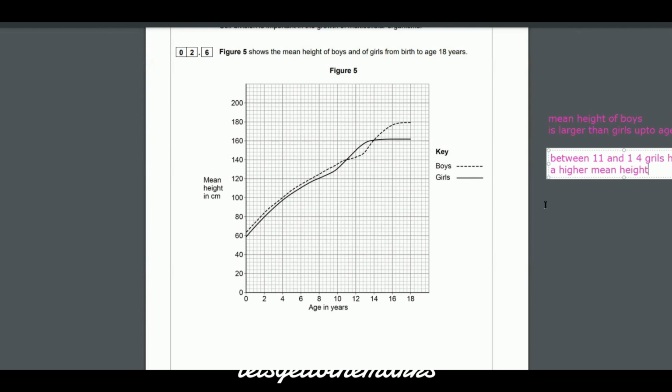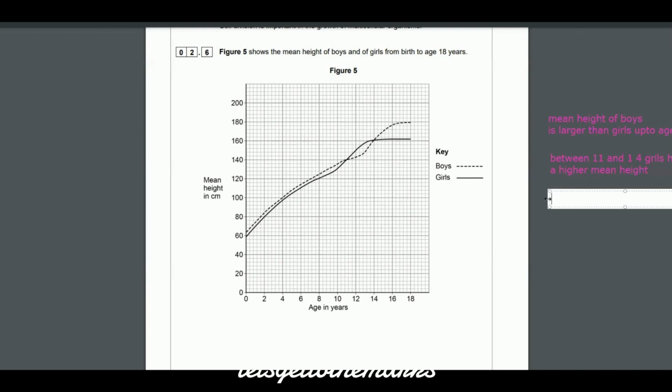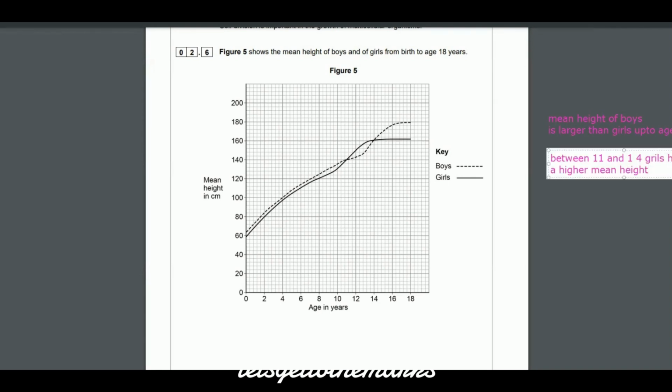That doesn't mean that every girl will be taller than every boy between ages 11 and 14. It means if you did an average, the average height is bigger. I've called girls grills. So we don't want to call girls grills. So that scored me 2 marks straight away. There's loads of points we can make.